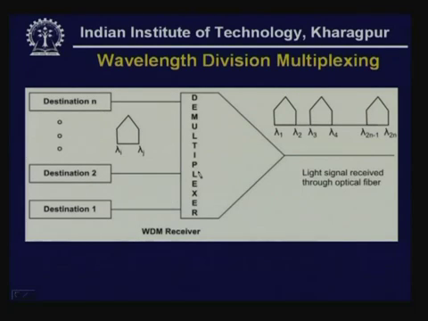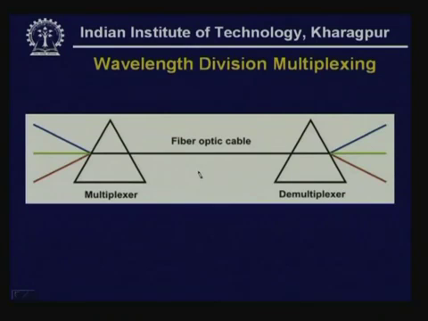You may be wondering how really this multiplexing and demultiplexing can be done. This can be explained very easily with the help of this simple diagram, where we have used two prisms. As you know, the optical signal, the light signal, has two properties, reflection and refraction.